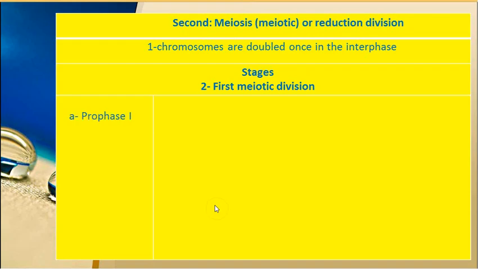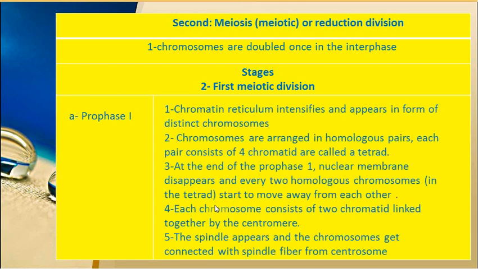In the first meiotic division, we have prophase 1, metaphase 1, anaphase 1, and telophase 1. In the second meiotic division, we have prophase 2, metaphase 2, anaphase 2, and telophase 2. Firstly, what happens in prophase 1 is what happens in prophase of mitosis, with an extra thing that makes the difference between meiosis and mitosis.